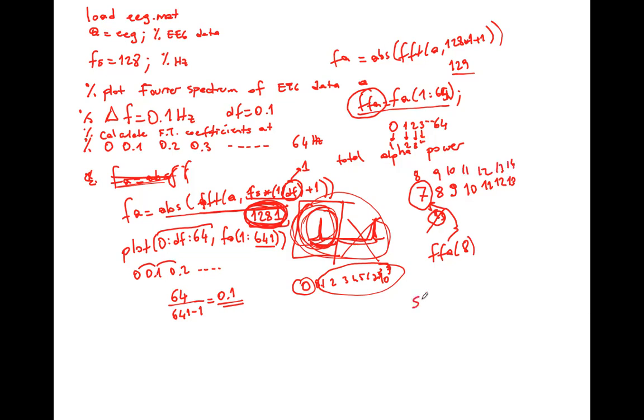If I do sum FFA between 8 to 14, won't I obtain the alpha power? Yes hocam, it will be. Değil mi? Ne oldu? If I take mean, I will find alpha power average.